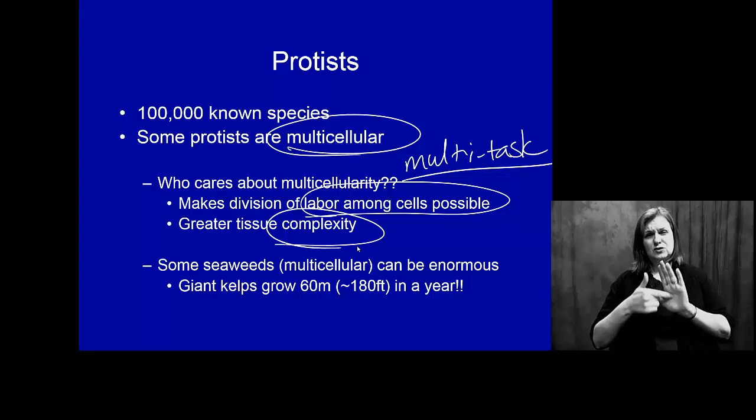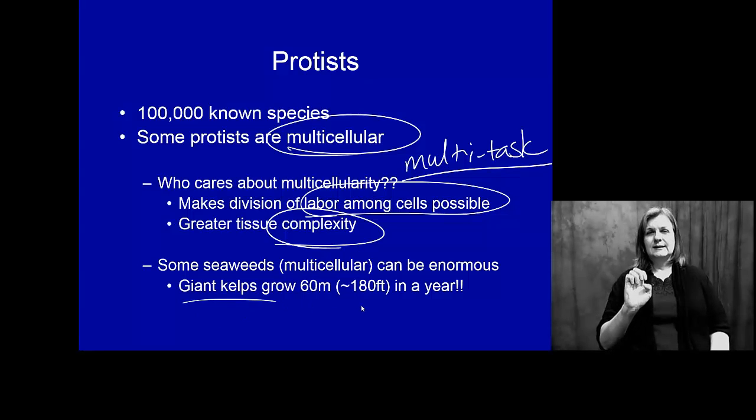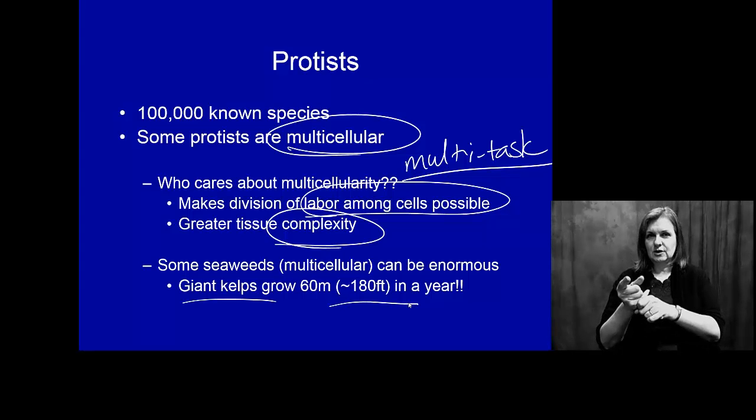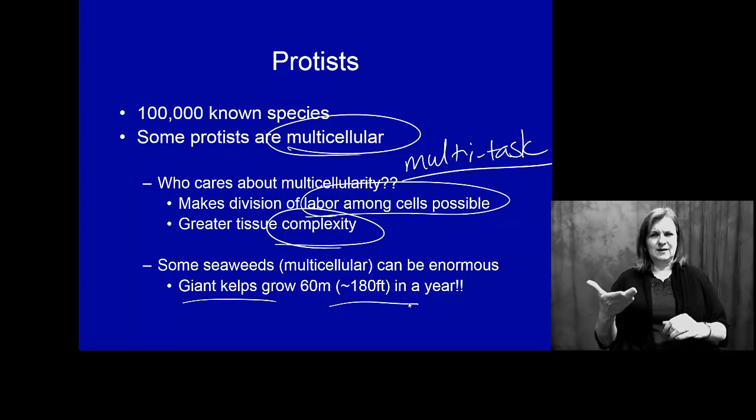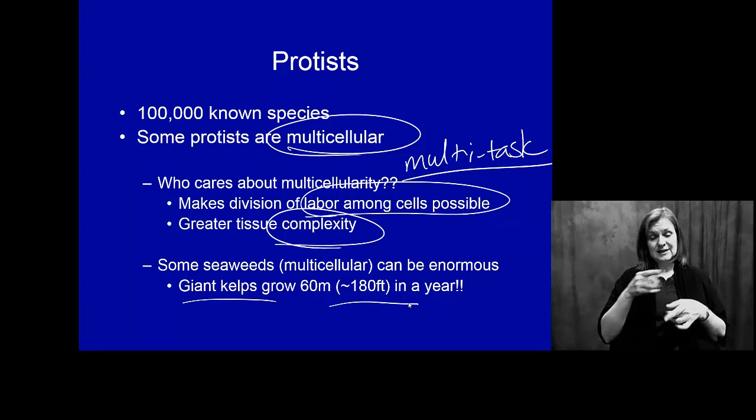I give you an example here of the giant kelp that actually grows about 180 feet every year. These are huge things, and we look at them as being these very simple organisms that give rise in our tree of life to our three major groups of plants, fungus, and animals that we're going to look at.